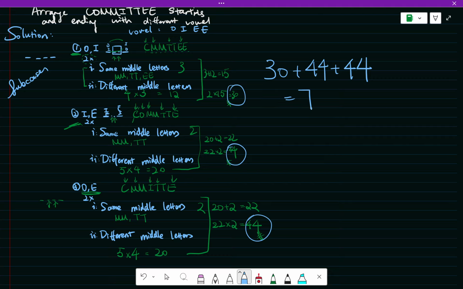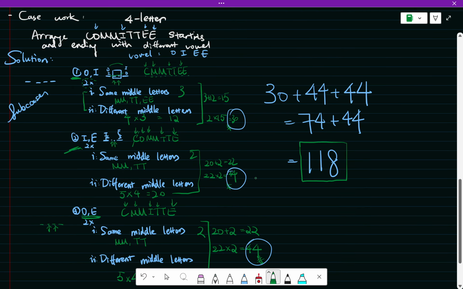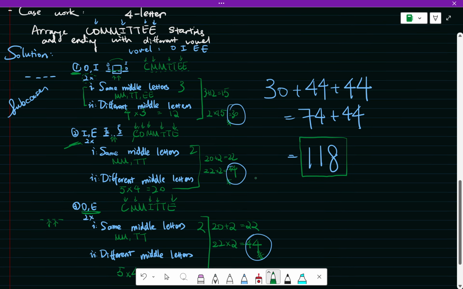And it will be 118. So the total number of all the possible arrangements of four-letter words that we can arrange from the word committee, starting and ending with different vowels, is actually 118.